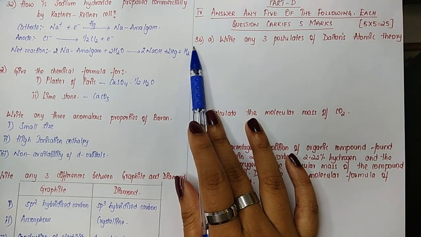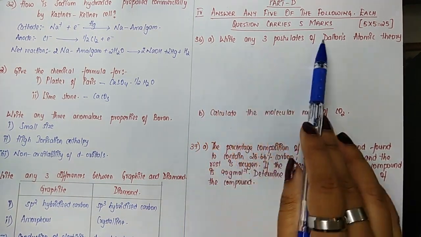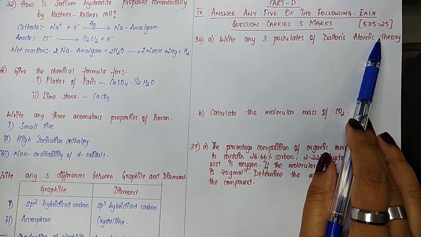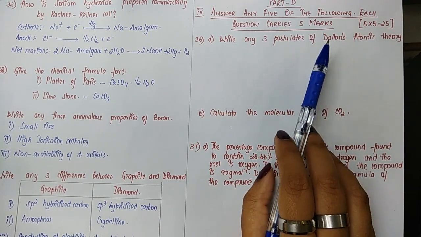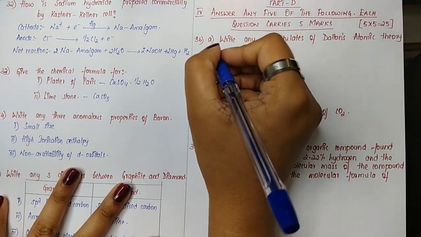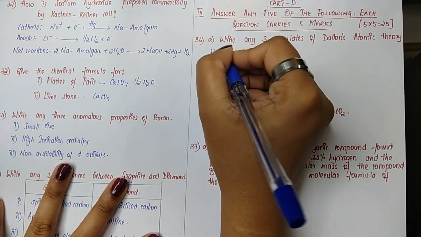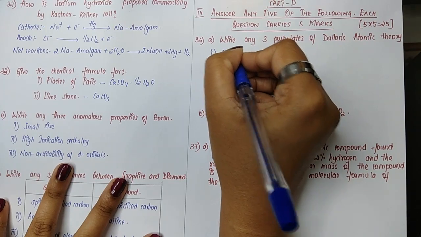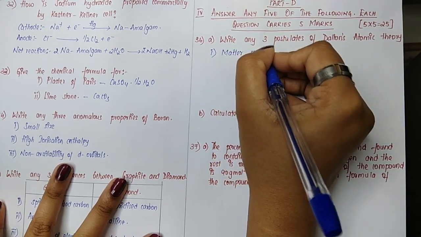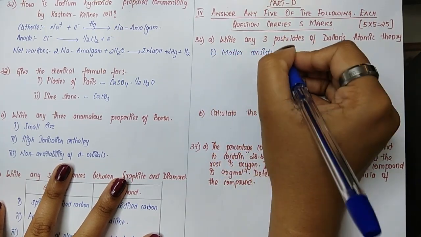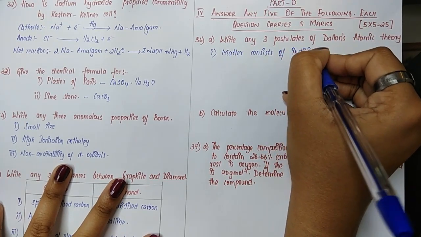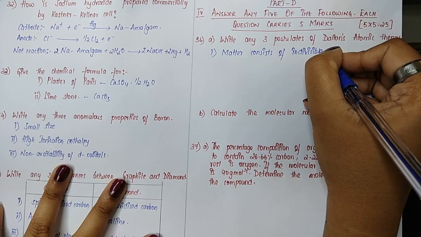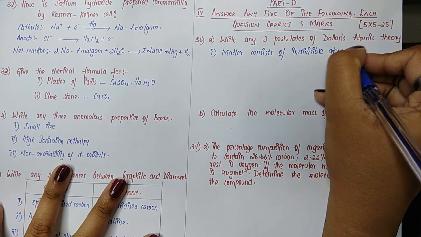So here under 36A part, it says write any 3 postulates of Dalton's atomic theory. So we have I think around 4 or 5 postulates. Out of that only 3 is enough. So we can write the first postulate as matter consists of indivisible atoms.